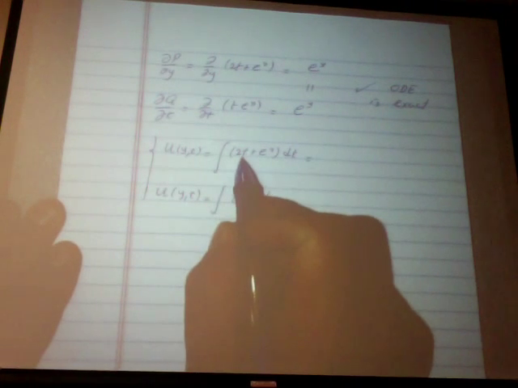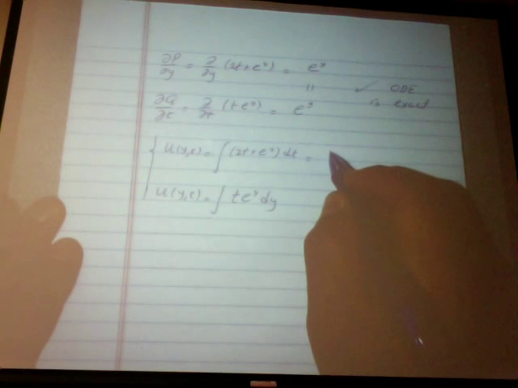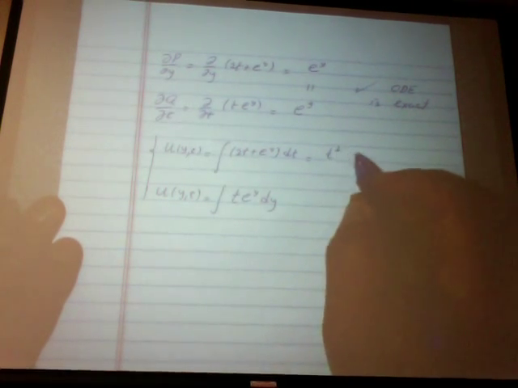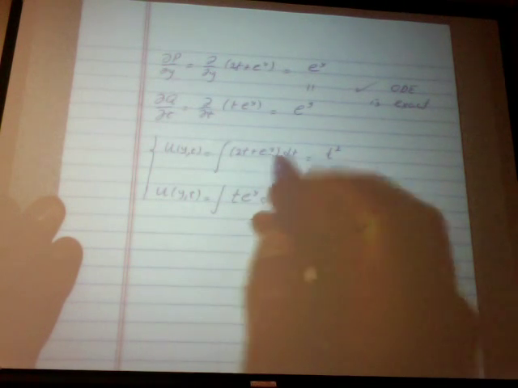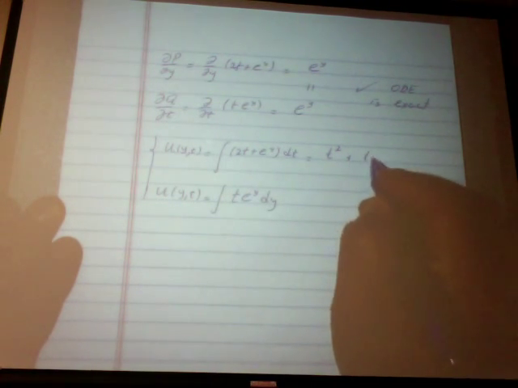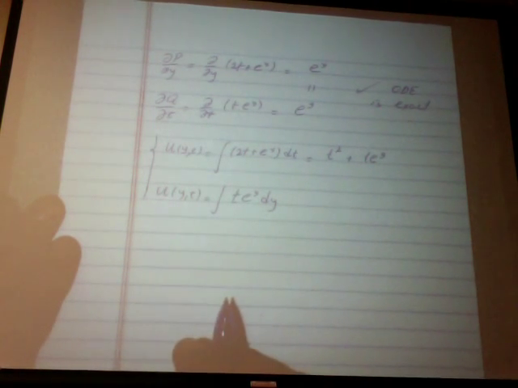So what is the integral of 2t with respect to t? T squared. What is the integral of e to the y with respect to t? T times e to the y. Right? Okay.